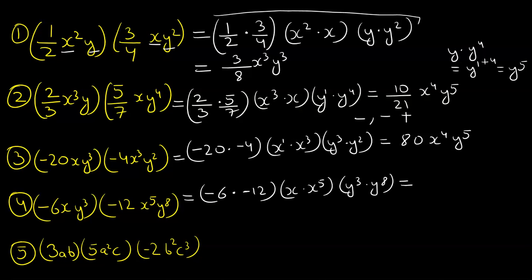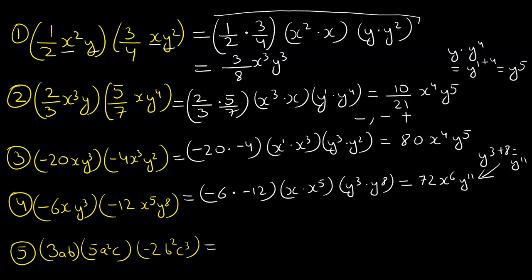Okay, and again we get a positive sign. So 6 times 12 is 72. X times x to the power of 5, we get x to the power of 6, and then y to the power of 11, because 3 plus 8 is 11. So that is what we get here.